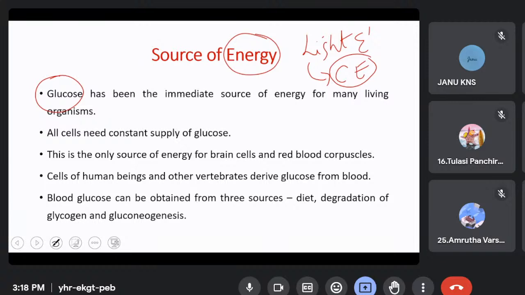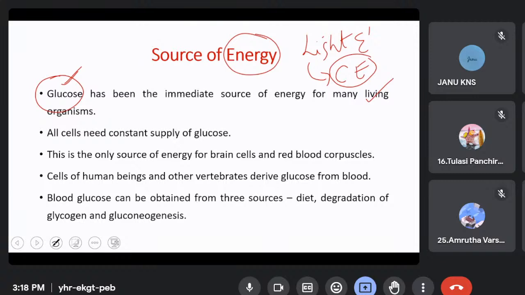That means the ultimate producers in the food chain are plants, where glucose is present. Thus, directly or indirectly, all living organisms on the surface of the earth, mainly the higher organisms, depend for their food material on glucose. So it is the immediate source of energy.